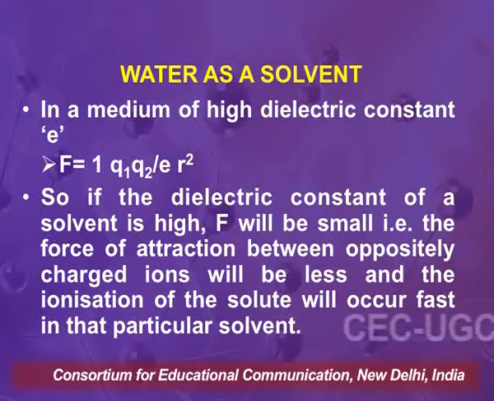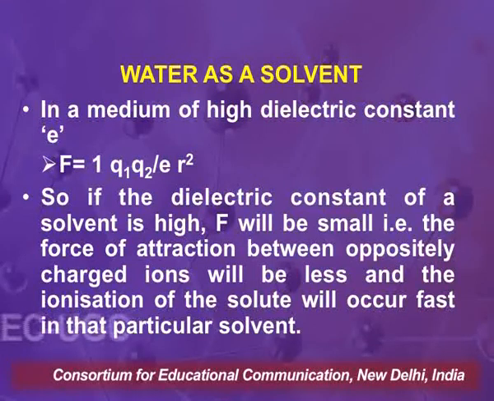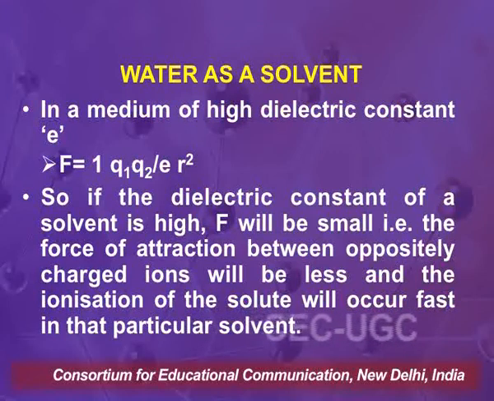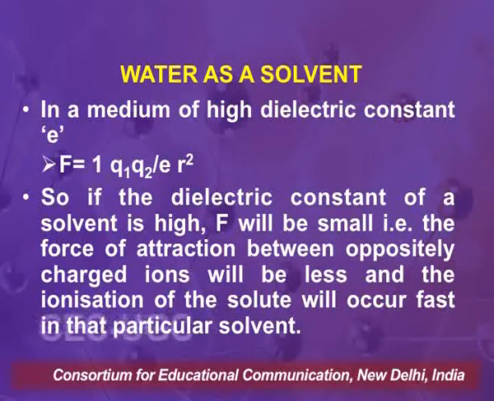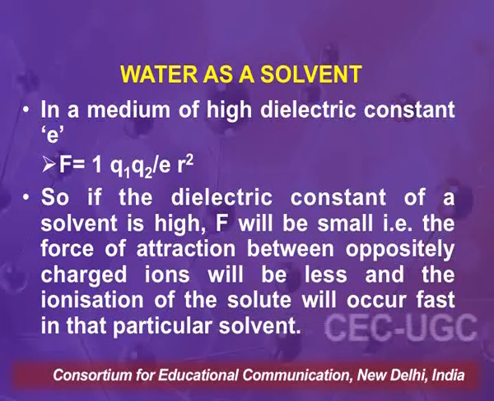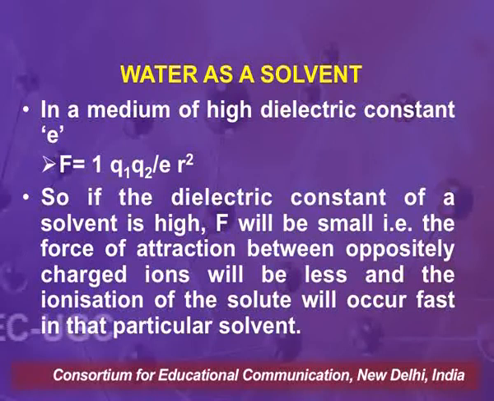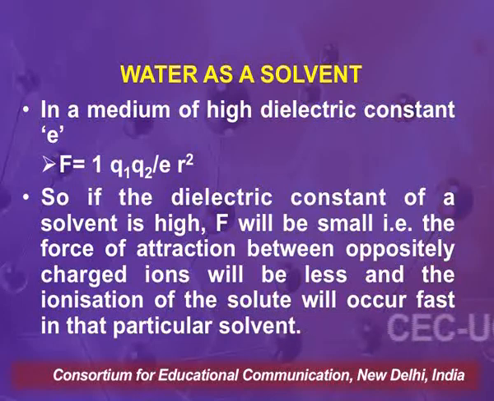So, if the dielectric constant of a solvent is high, F will be small, as can be seen since E is in the denominator. So, if E is more, F will be less. That is, the force of attraction between oppositely charged ions will be less and the ionization of the solute will occur fast in that particular solvent.